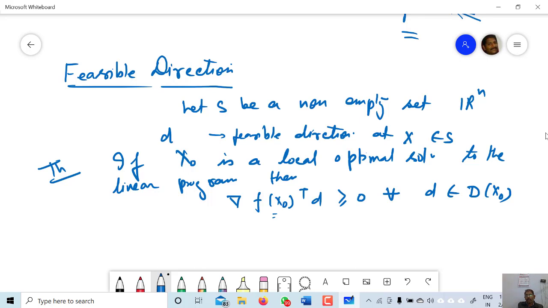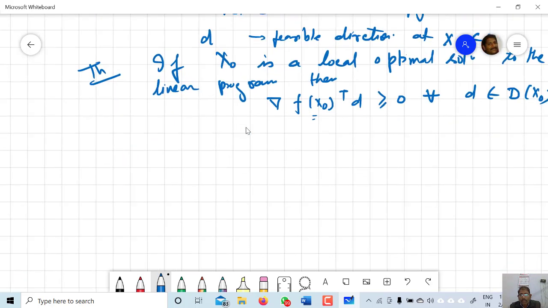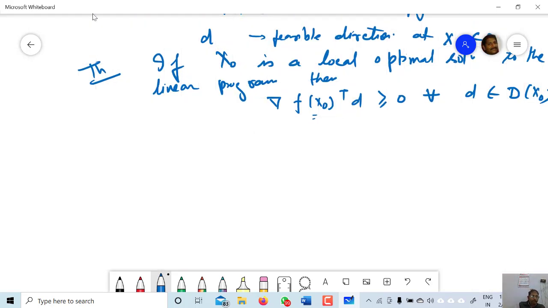So this will be the theorem which we have discussed here. So in this way we can see how the feasible direction works. Okay.